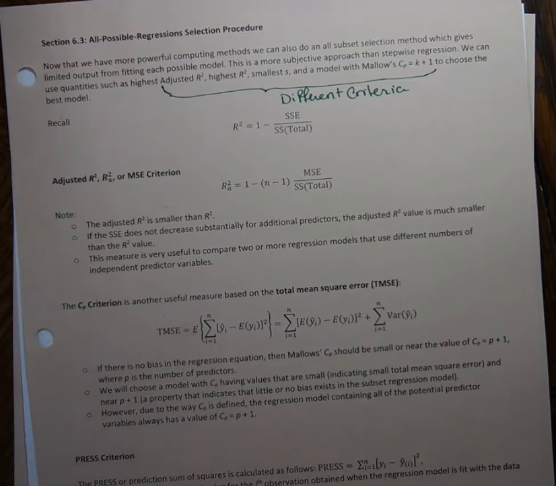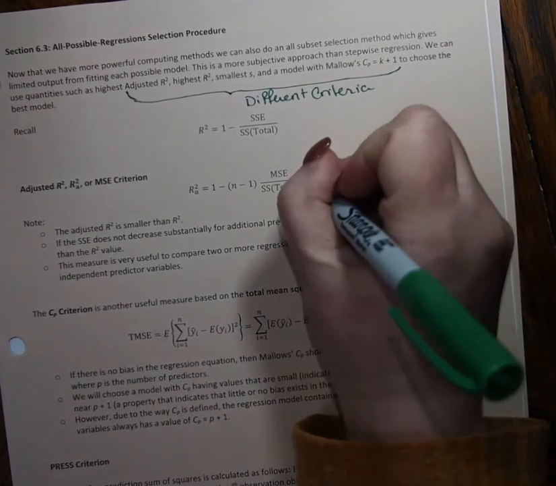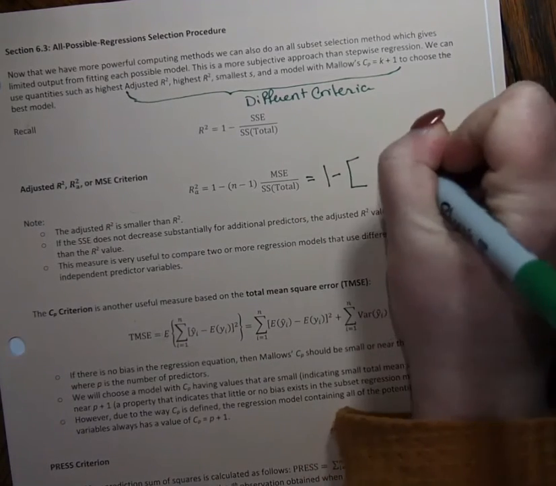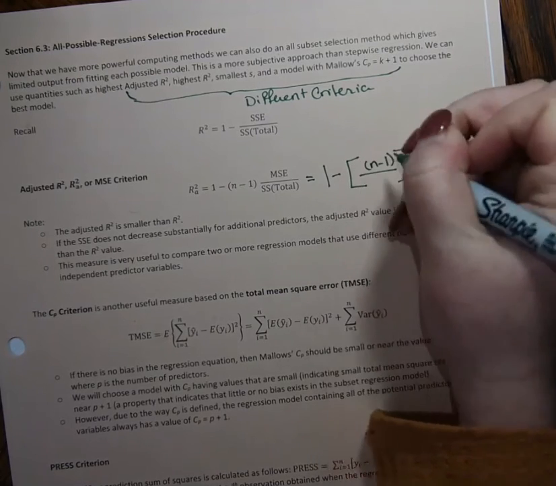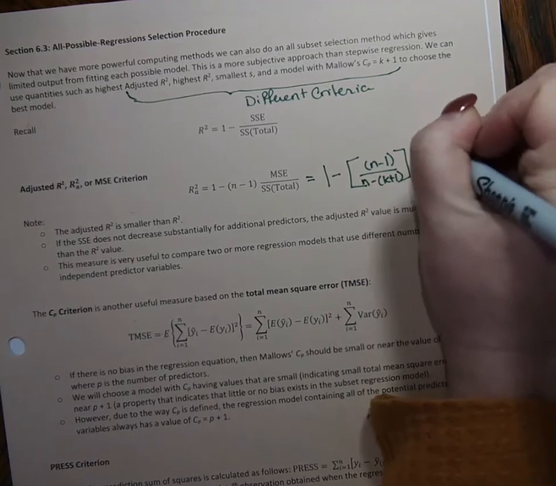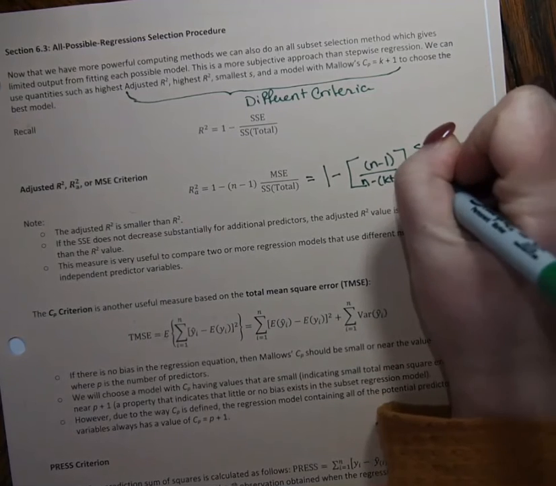Just to recall here, r squared is equal to 1 minus the SSE divided by the SS total. We also have r squared adjusted, and here we have our formula for r squared adjusted. Notice we could write this as equal to 1 minus (n minus 1) in the numerator, over (n minus (k plus 1)), times the SSE divided by the SS total.